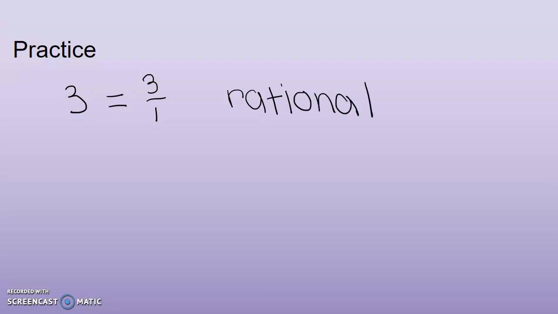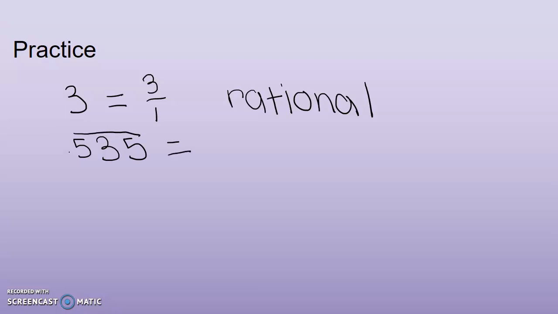So let's practice. So suppose we had 3 again. So when your math teacher asks you that, 3 is rational because you can write that as 3/1. So it is rational. Now suppose we have 0.535, and then that repeats.